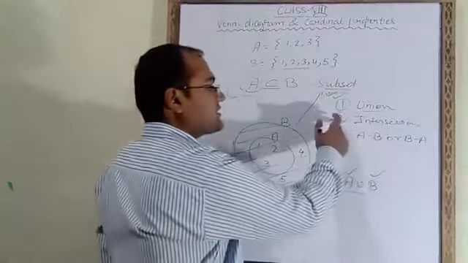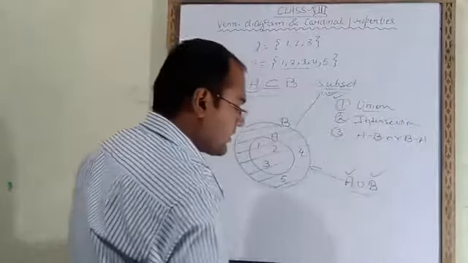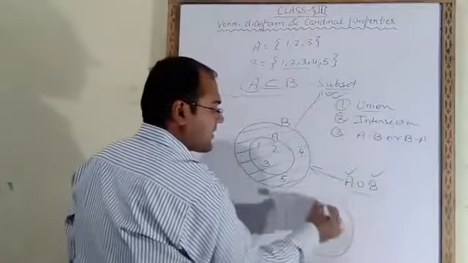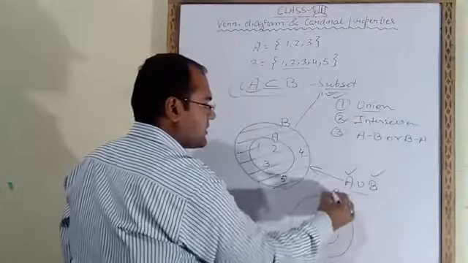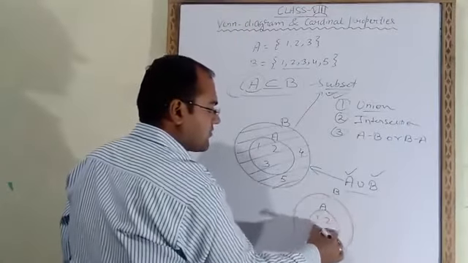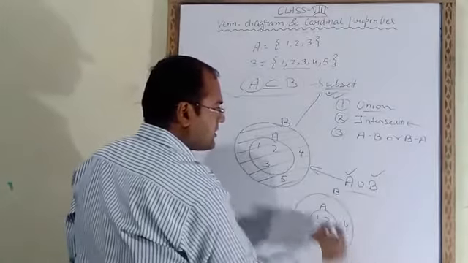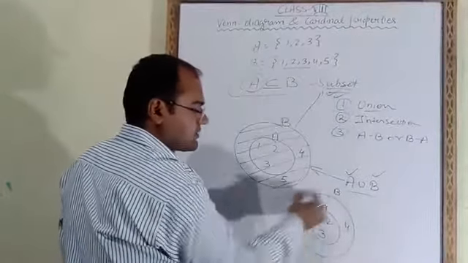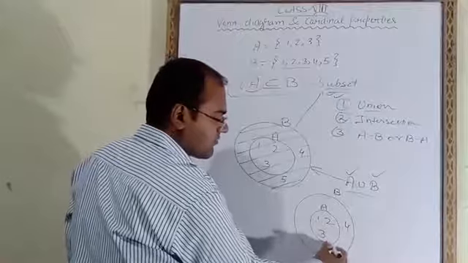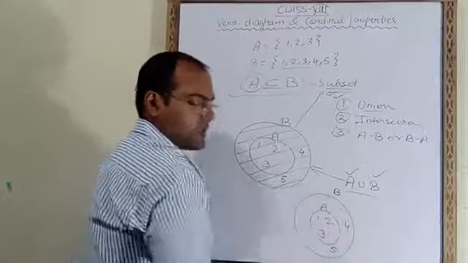Now second is intersection. For intersection, you have to draw the same figure like this. Here it is B, here it is A. Inside A are 1, 2 and 3, and in B are 1, 2, 3, 4, 5. Inside the B circle 1, 2, 3 are already there. 4 and 5 we will write here outside the A circle.